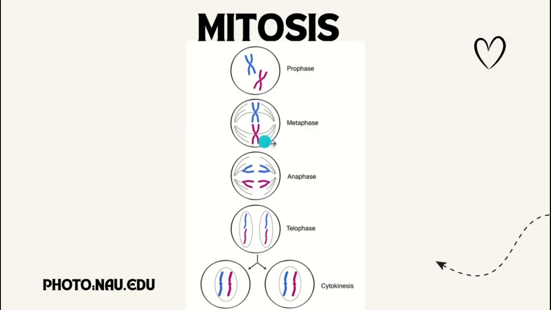When these spindle fibers extend, they attach themselves to something called a kinetochore. The kinetochore is at the back of the centromere, so they attach to the kinetochore, which is on the centromere right here. So these spindle fibers extend, they attach themselves, and we have the chromosomes lining up at the equator. Those are the main things that are happening in metaphase.